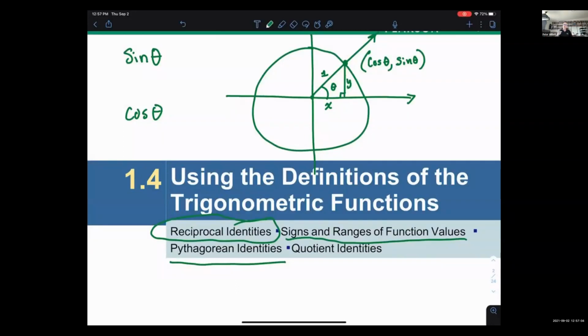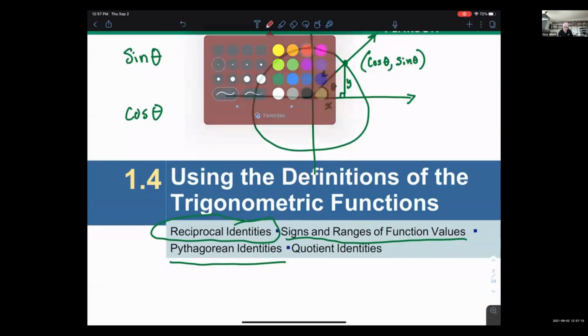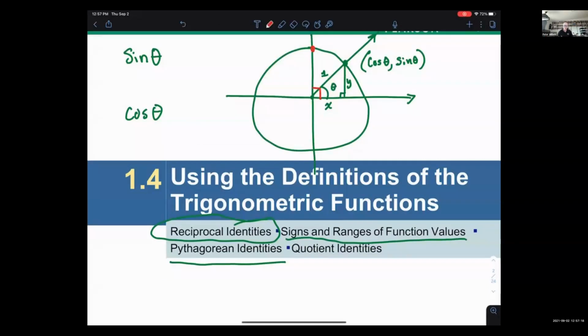The nicest way, as we were just seeing in some of those example problems, is that if the y value of the point is the sine of the angle, then if the angle is 90 degrees, your point is up here on the top, because that's where a 90-degree angle would be, pointing up. Well, then we know the coordinates of that point are 0 and 1. That means sine of 90 degrees would be 1 and cosine of 90 degrees would be 0. We can look at other simple points around the circle, but in general, these 2 functions are just giving you those x and y values for any point anywhere on the unit circle at a particular angle theta.